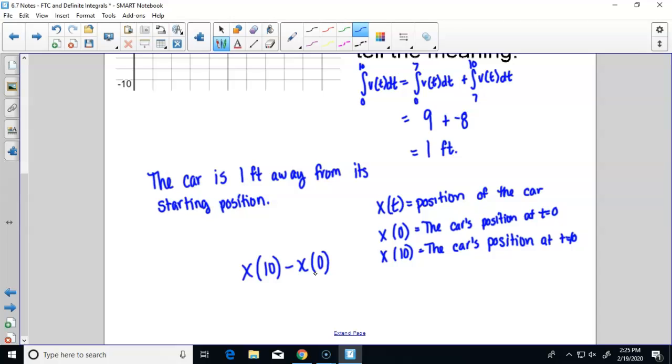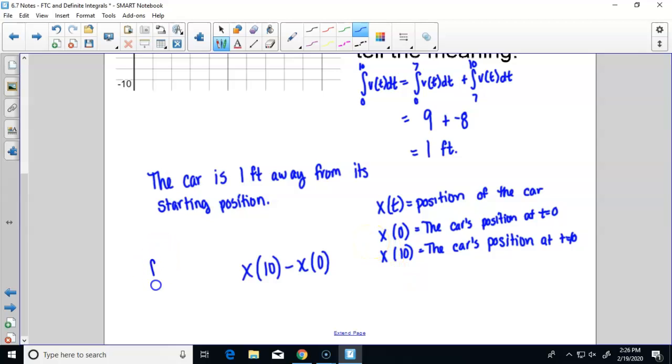So if I knew the car was going north and south, and at x equals 0 it was at 0, and at 10 it ended up at... or let's say at x equals 0 it was 8 feet to the north, and then at 10 it was 9 feet to the north. I could just say, well, 9 minus 8 gives us 1, that's how far the car traveled, right?